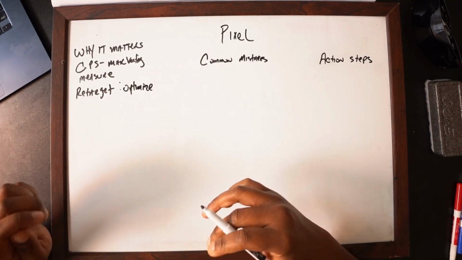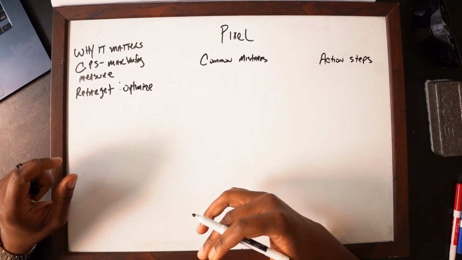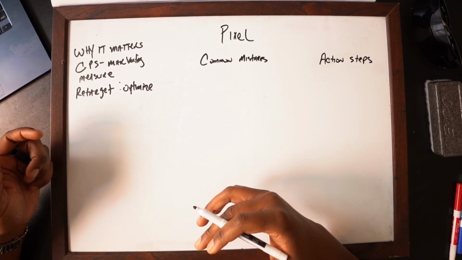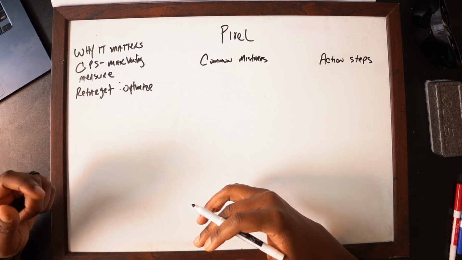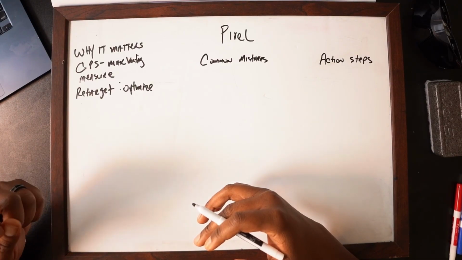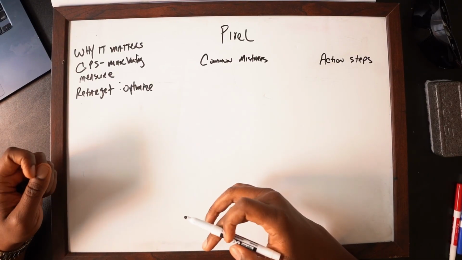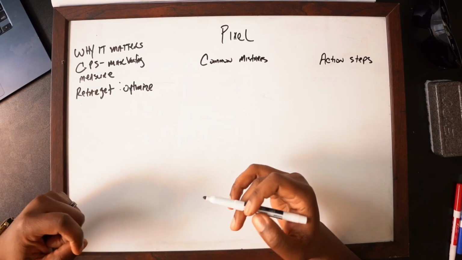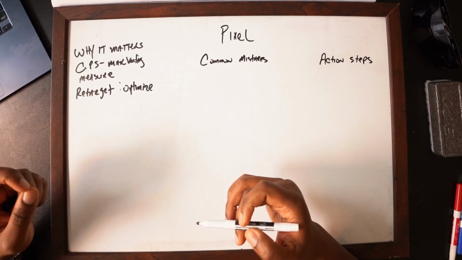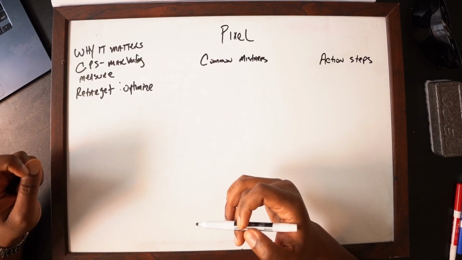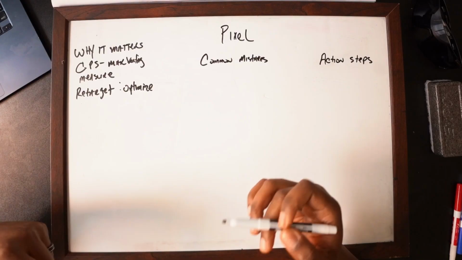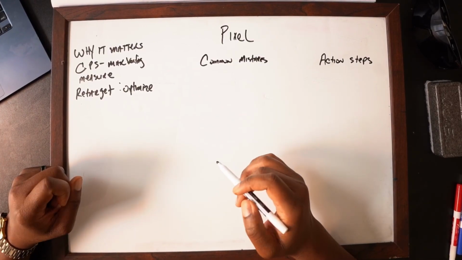Retargeting and optimizing are huge. People are going to come to your site and view, and make actions. You need to know how to move forward with those actions, and your pixel is going to tell you exactly what they did, when they did it, and what type of person they are.